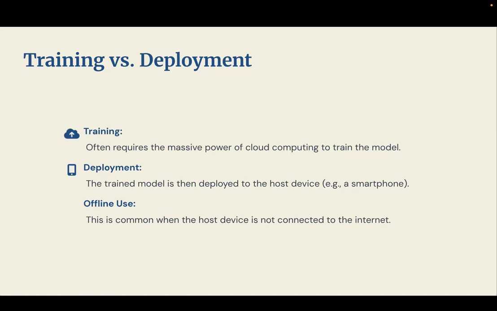Even if you are not connected to the internet, you are able to edit your photo with AI. How is it possible? It is possible because some models need internet and some models don't need internet. So some models can be deployed directly to the host device like a smartphone.